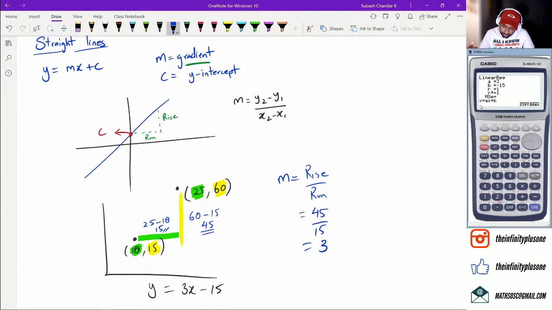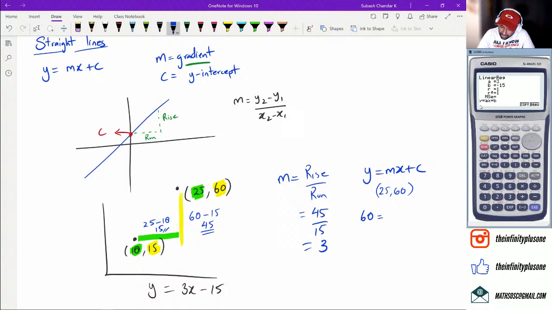Once you get the gradient, it's time to work out the actual equation. We can go back and write down y equals mx plus c. You can choose either point, 25, 60, or 10, 15. It doesn't matter which one you choose. Let's say I choose 25, 60. Then I'm just substituting it in.